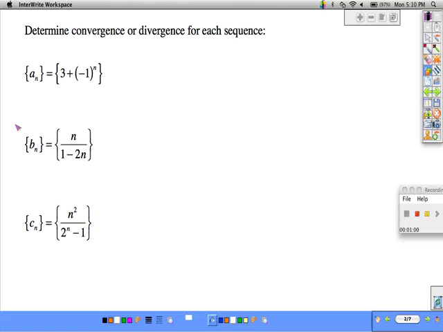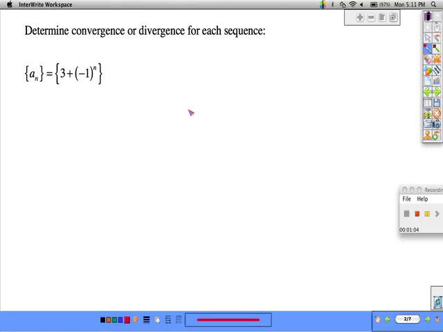So let me cover these two up first. We want to find what's going on with this in terms of its limit. And a lot of times it can be useful to think of what these terms would be. A sub 1 is equal to 2.